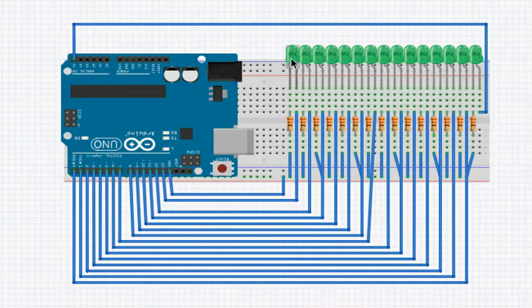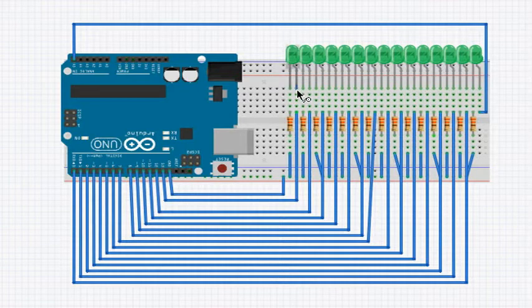To protect this LED from higher currents, we generally use current limiting resistors. Here I have used resistors of 330 ohms. And all these cathodes are commonly grounded, as we can clearly see here, by passing through a resistor.